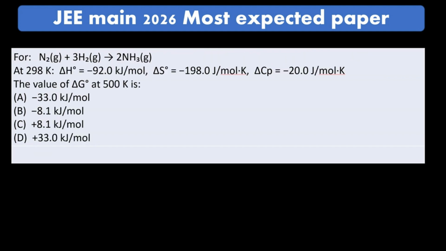Then the next one, N2 Haber's process is given, with delta H naught, delta S naught, and delta Cp given. What is the value of delta G naught? So delta H naught at 500 Kelvin, how can we find it out?